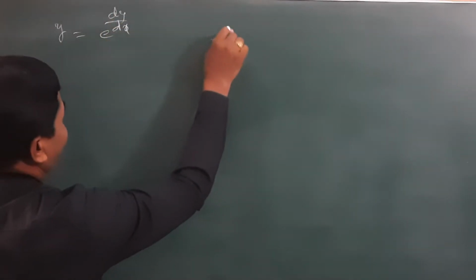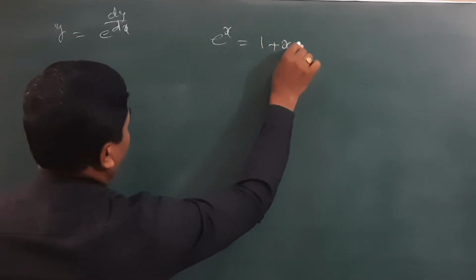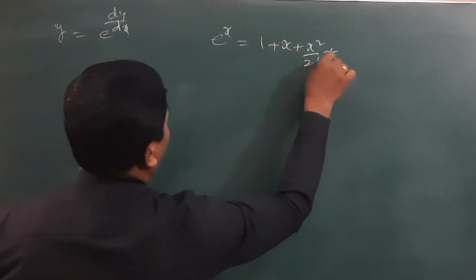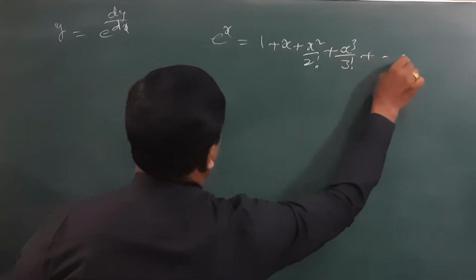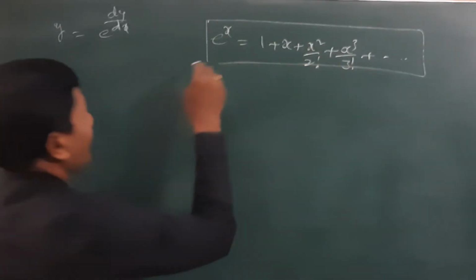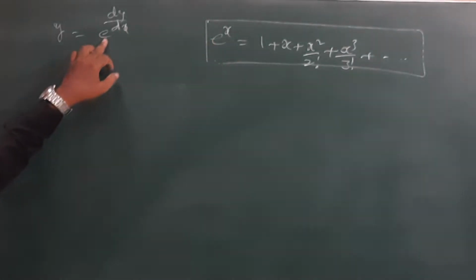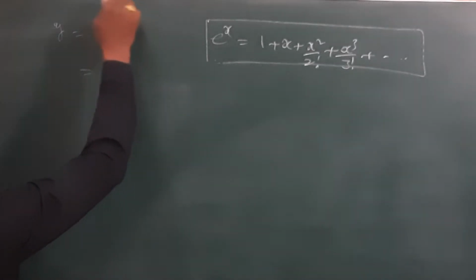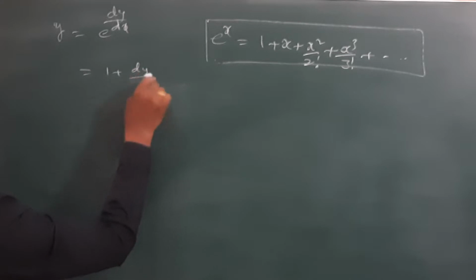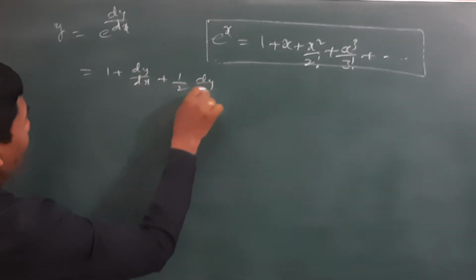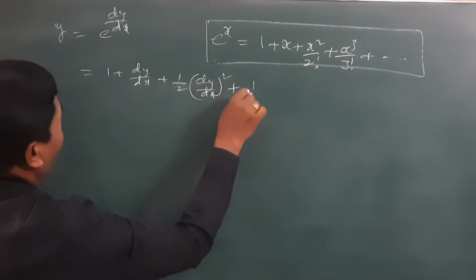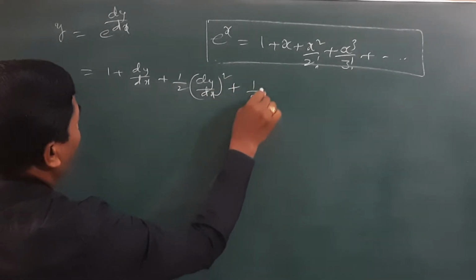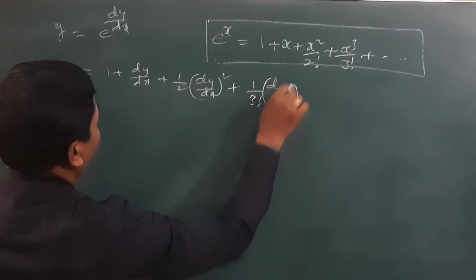So some more problems. y is equal to e power dy by dx. Actually e power x has the Maclaurin expansion 1 plus x plus x square by 2 factorial plus x cube by 3 factorial and so on. We replace x only with dy by dx, so 1 plus dy by dx plus 1 by 2 into (dy by dx) whole square plus 1 by 3 factorial into (dy by dx) whole cube, like that.